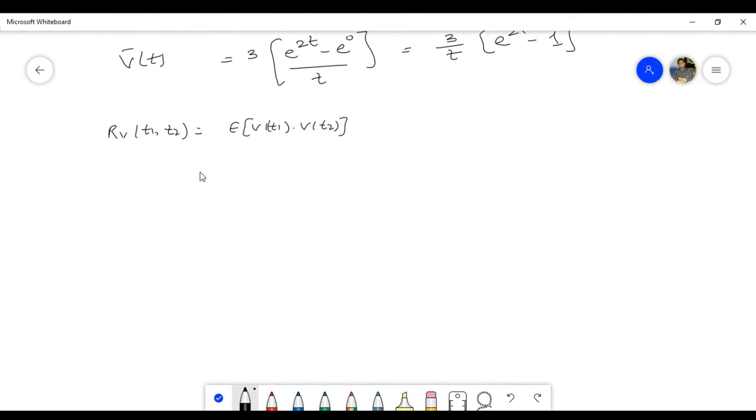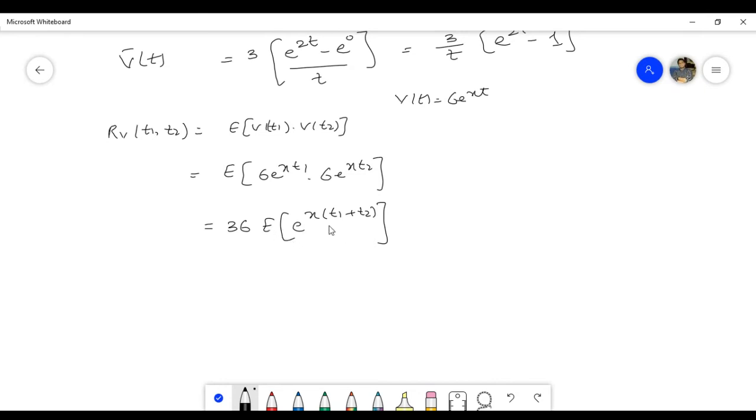So what is v of t? v of t is nothing but 6e^(xt). With t1 it will be 6e^(x t1) into 6e^(x t2), so it will be 36 times the expected value of e^(x(t1 plus t2)).